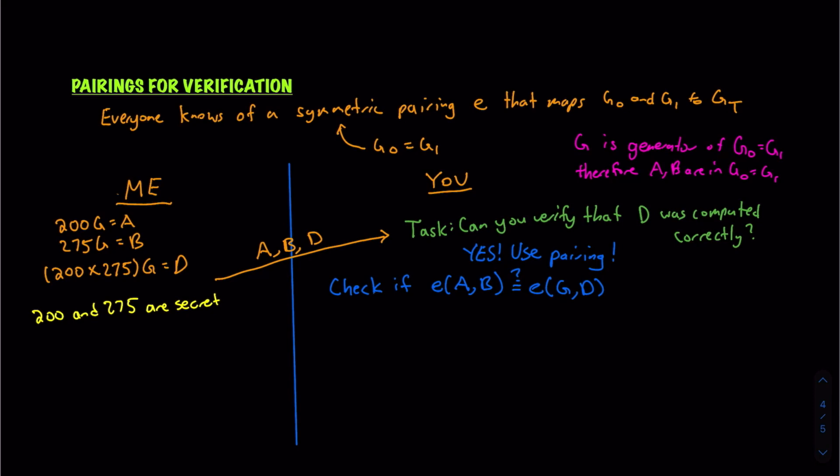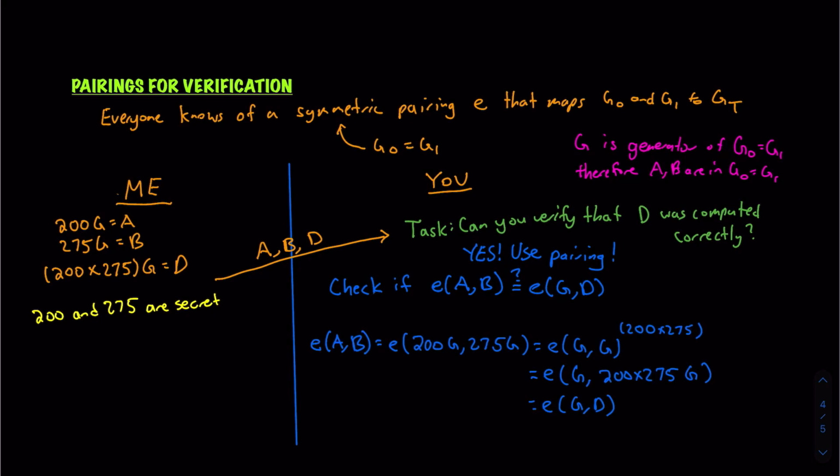Let's see why. Using the bilinearity formula, we see that E of A comma B equals E of 200G comma 275G, which equals E of G comma G to the power 200 times 275, which equals E of G comma 200 times 275G, which equals E of G comma D. Amazing.